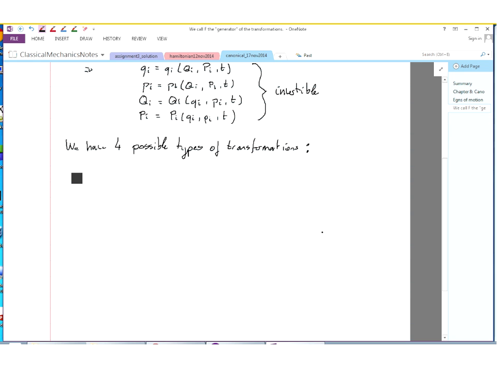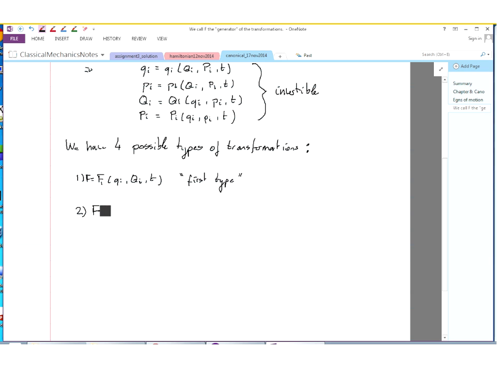So if f is a function of the little qi, the big Qi, and t, we call these transformations of the first type. Let me write this like this, f equals f1.